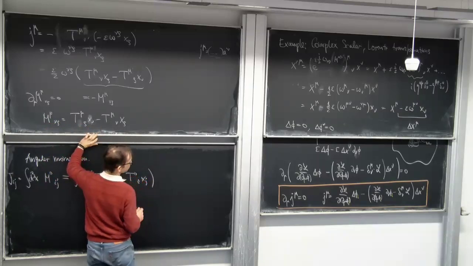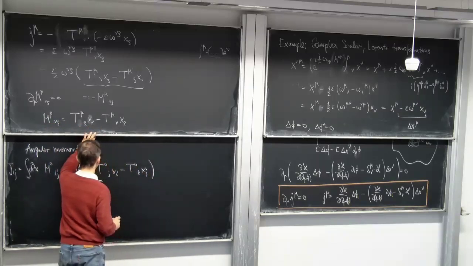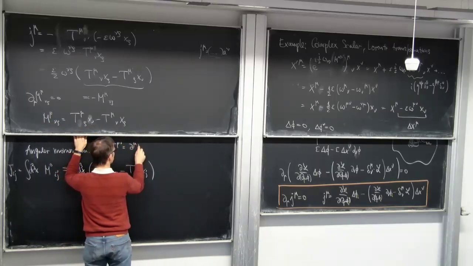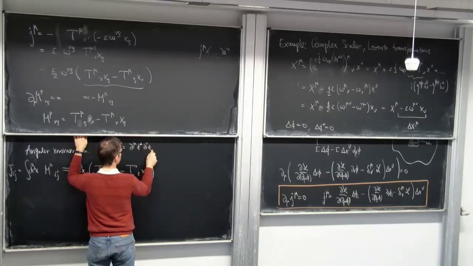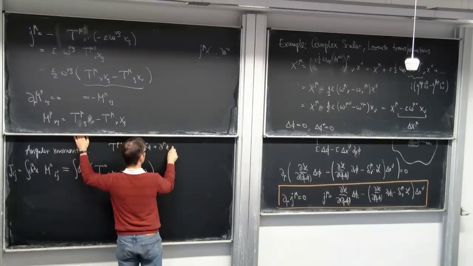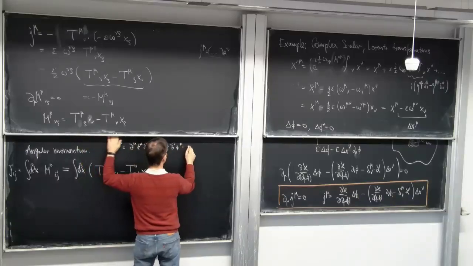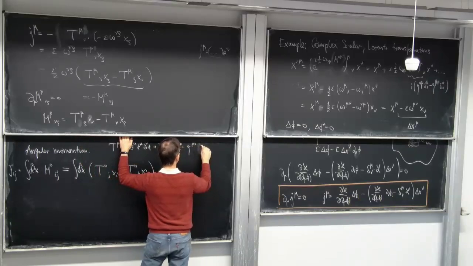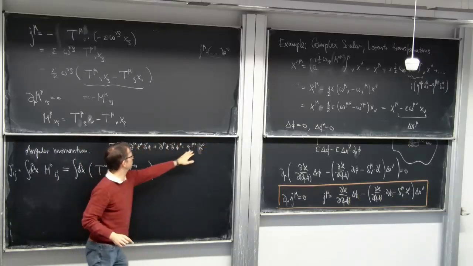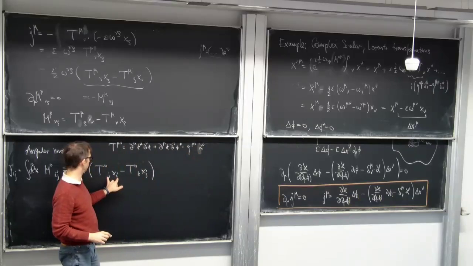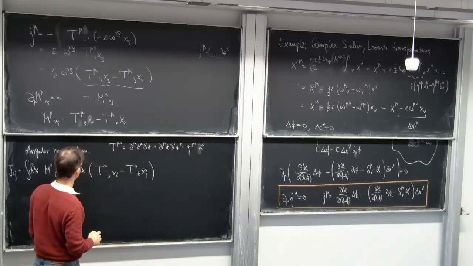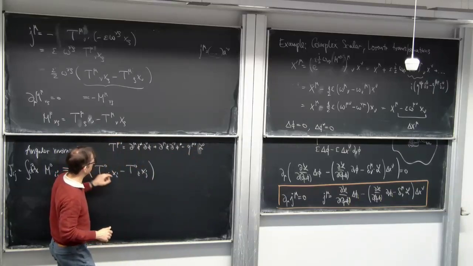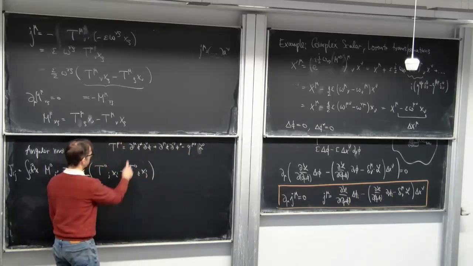Now we do need to look at what the T mu nu was: d mu phi star d nu phi plus d mu phi d nu phi star minus eta mu nu L. This last term I don't need because these two indices are time and space, so I don't care. Here I get the derivative.